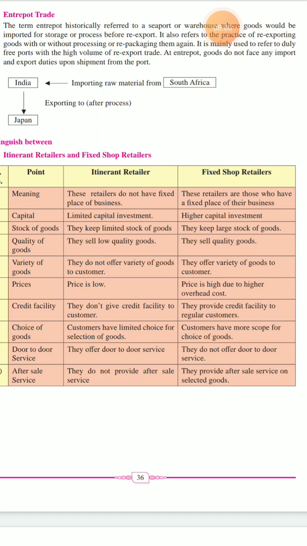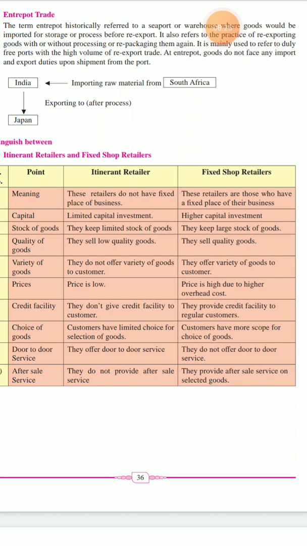Quality of goods. Okay, itinerant retailers will sell low quality goods, whereas fixed shop retailers will sell good quality goods. Okay, then variety of goods. Here itinerant retailers do not offer variety of goods to customers, whereas fixed shop retailers offer variety of goods to customers.